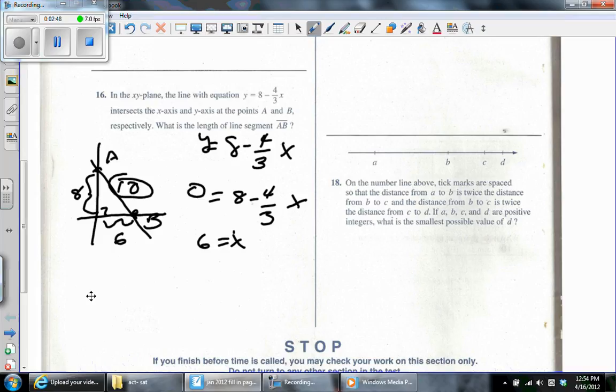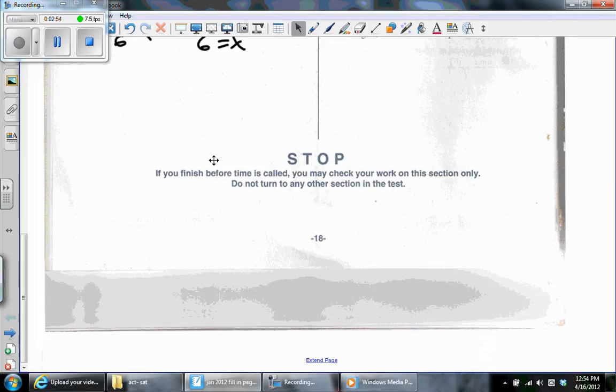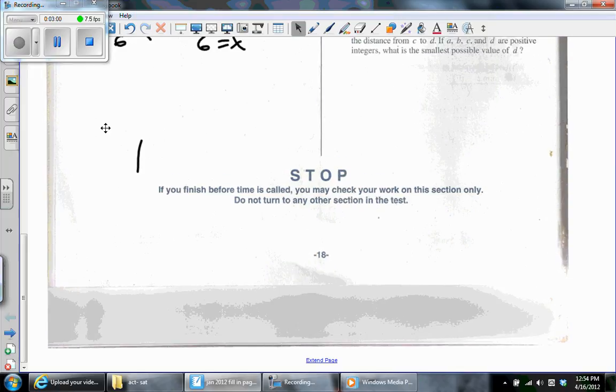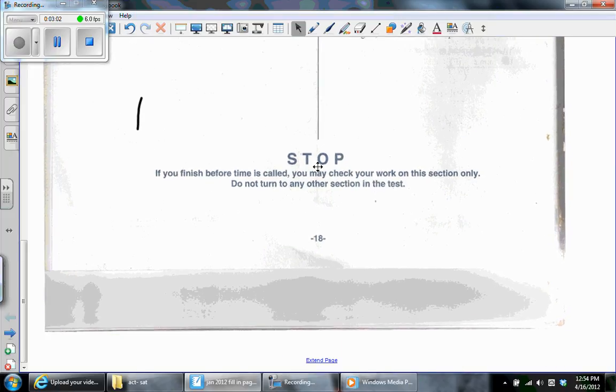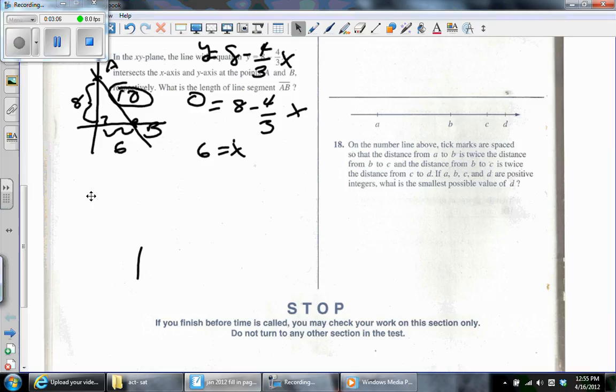That's our answer. If you aren't sure of how that 10 came about, remember that you have a right triangle, so you have 6 squared plus 8 squared equals AB squared.